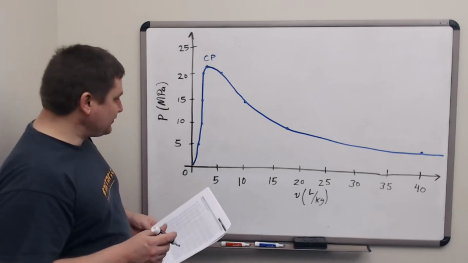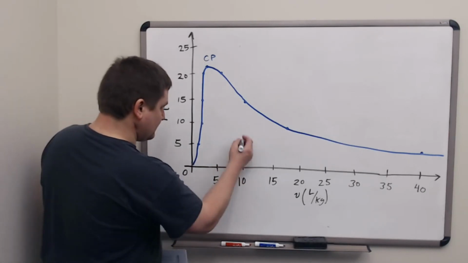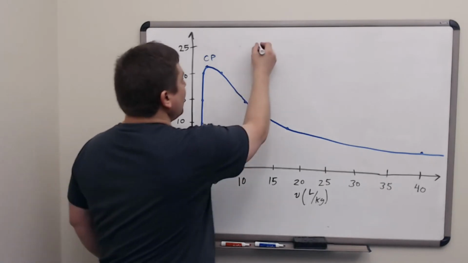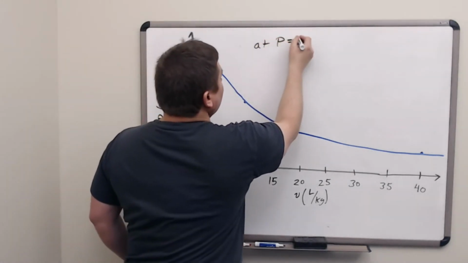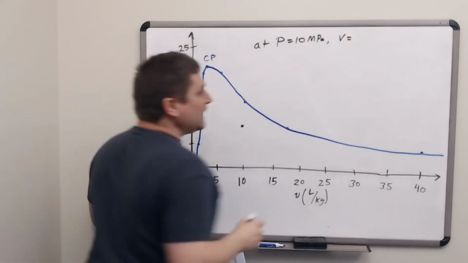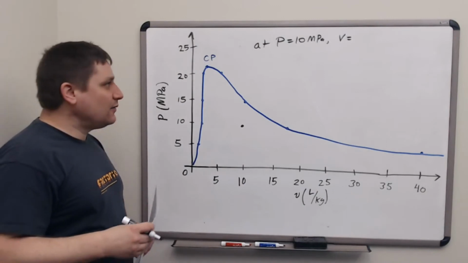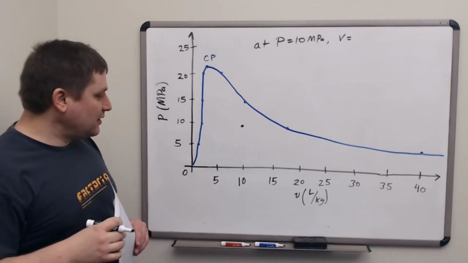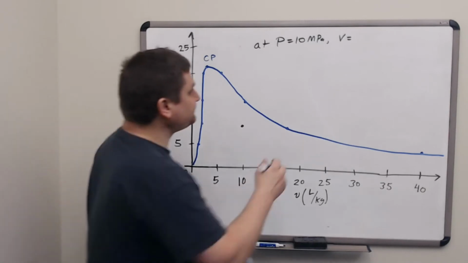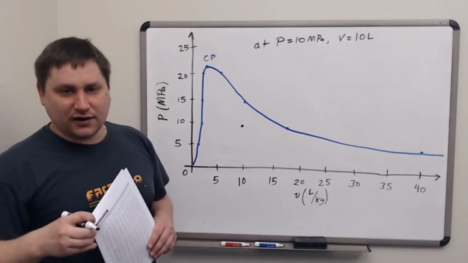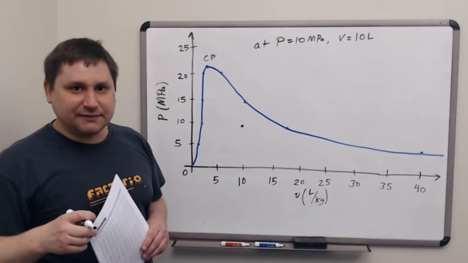Let's ask a question. If we set up a sample of water with a pressure of 10 megapascals and a volume of 10 liters, what percentage will be water and what percentage will be steam?